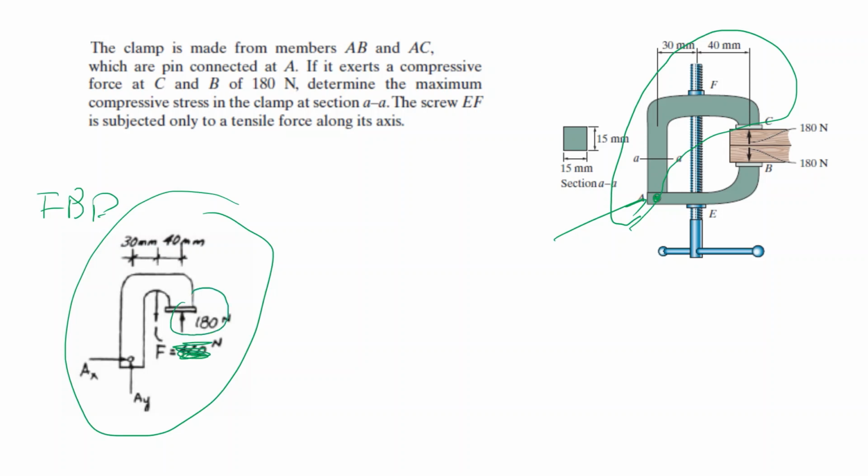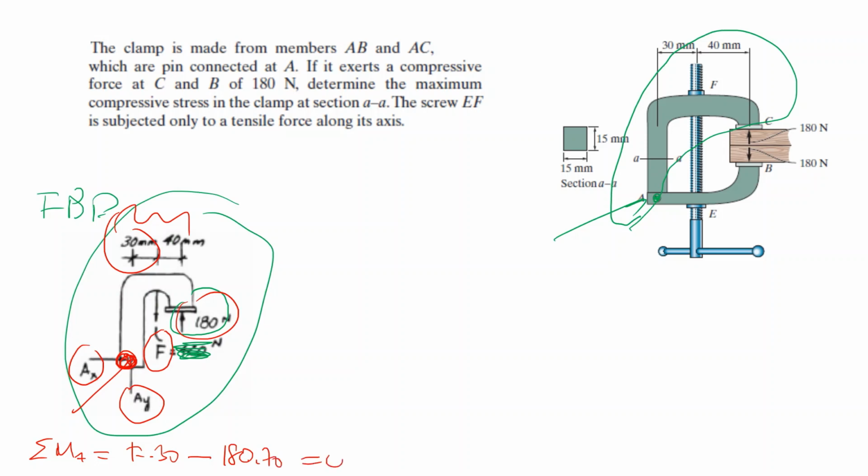And the unknowns are the force on the screw and the X and Y components of the force in A. If you write down the equilibrium, you can use only sigma MA equal to 0, the moment around point A. You find that F times 30 minus 180 times 70 must be equal to 0.